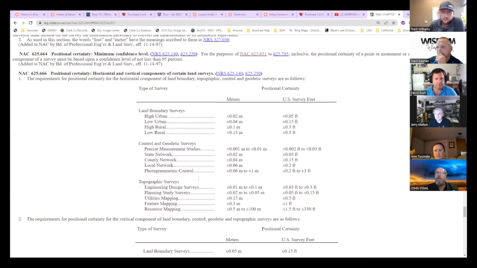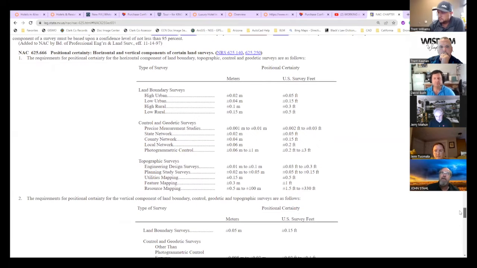You had to run your control traverse in, and then from there you would set your corners on a boundary survey or stake out your project, whatever you're doing. And the standards of measurement that were available back then were closures, 1 in 10,000, 1 in, you know, those kinds of closure specifications for precision.